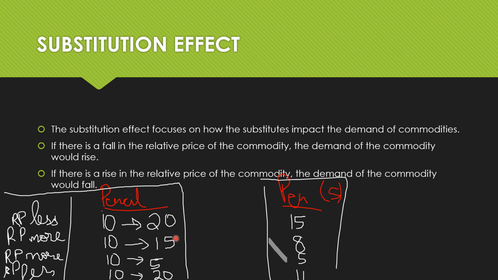Thus, we can say that there is an inverse relation between the relative price and the commodity in question. Due to this, we can say that the substitution effect is negative.